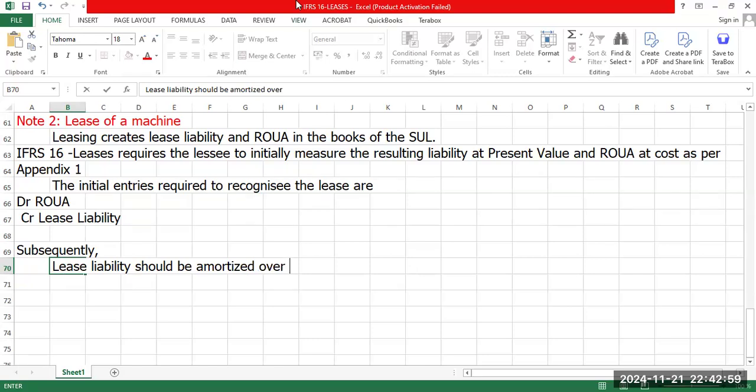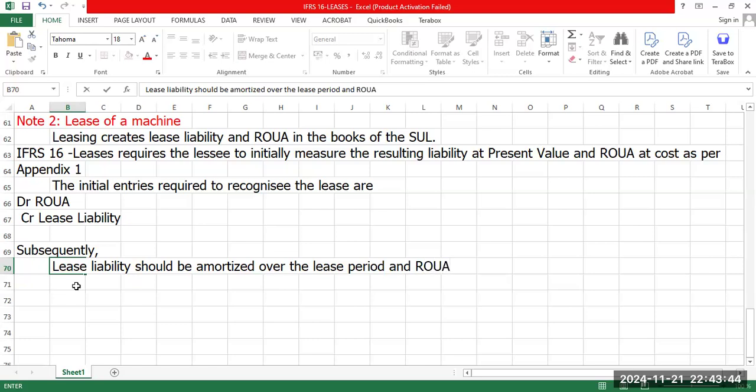Of course, a liability is based on the lease period as a must, because after the lease period you will not be having any other obligation. That's why we base on the lease period. Lease liability should be amortized over the lease period.